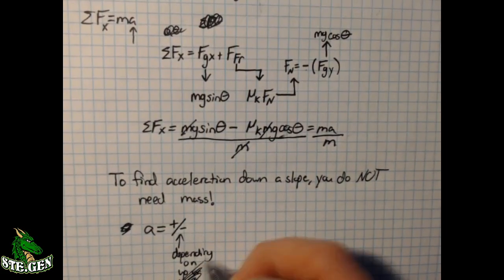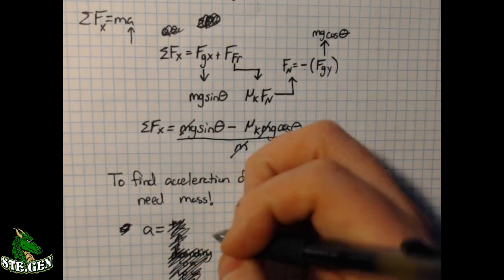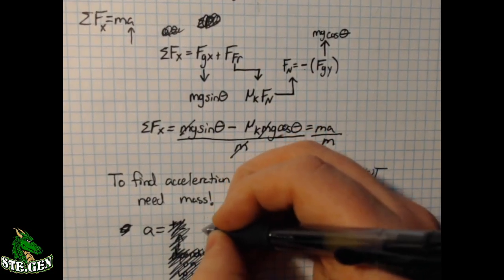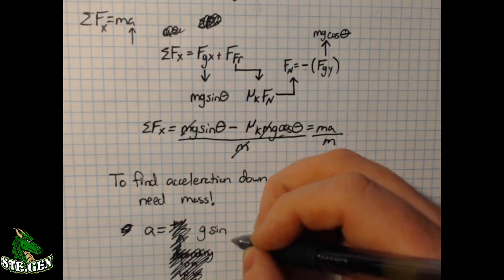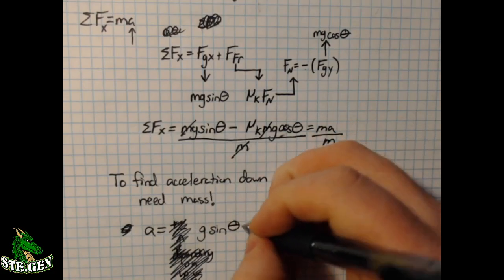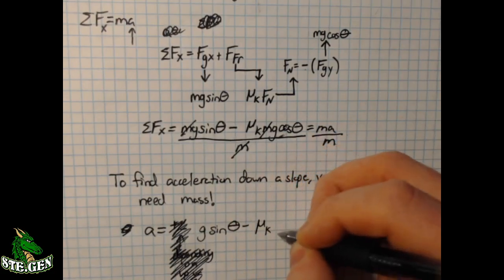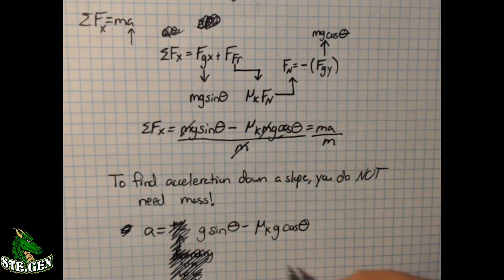Oh, sorry. Now I'm mixing up my two concepts. Don't even worry about that. We'll get g sine theta, which is this piece right here, minus mu k g cosine theta.